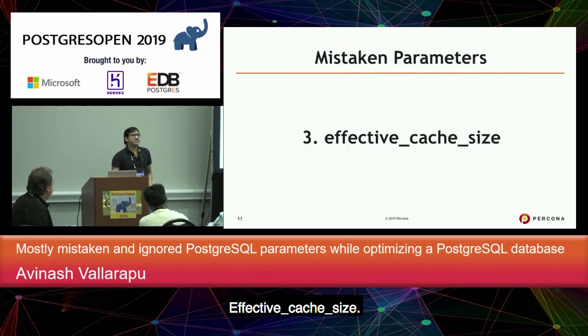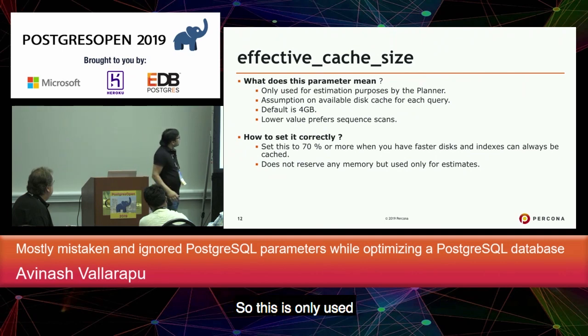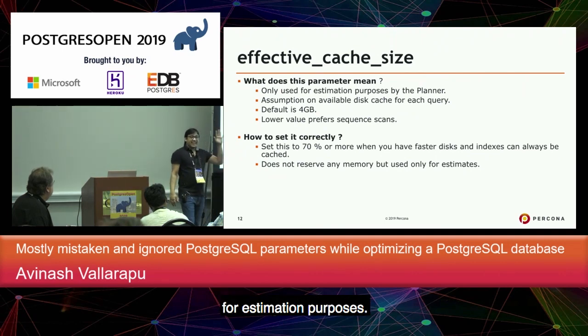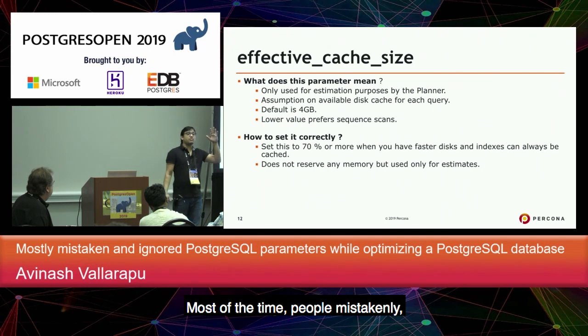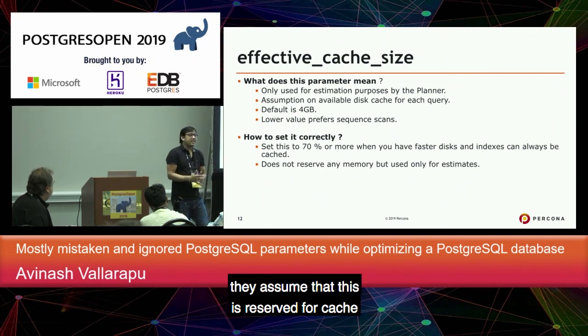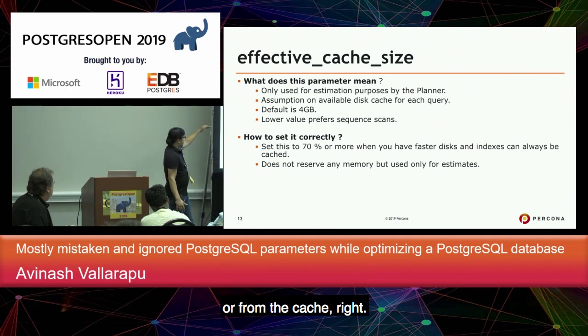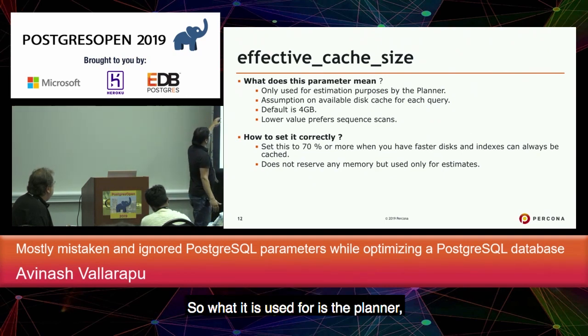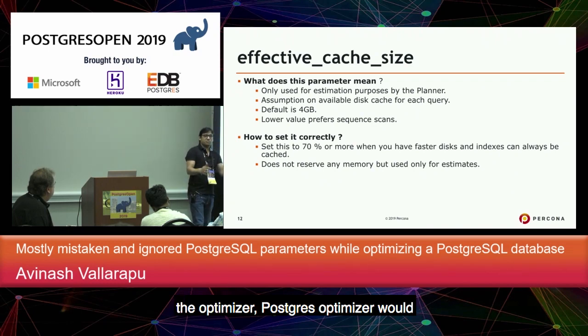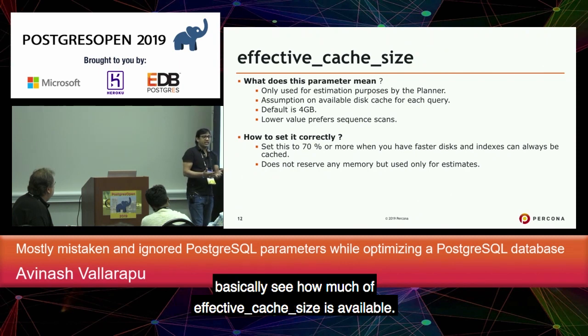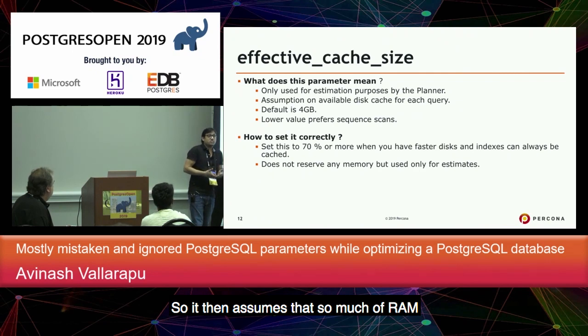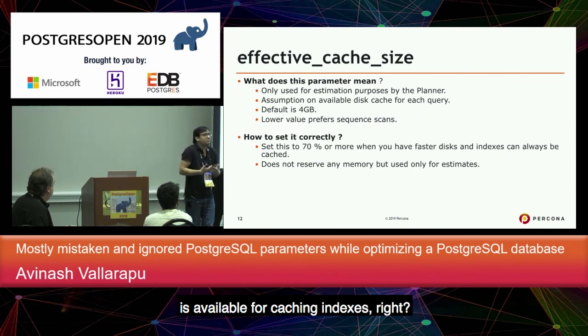effective_cache_size. So this is only used for estimation purposes. Most of the time, people mistakenly assume that this is reserved for cache or from the cache, right? But that's not what it is. What it is used for is the planner, the Postgres optimizer, which would see how much effective cache size is available. It then assumes that so much RAM is available for caching indexes, right?